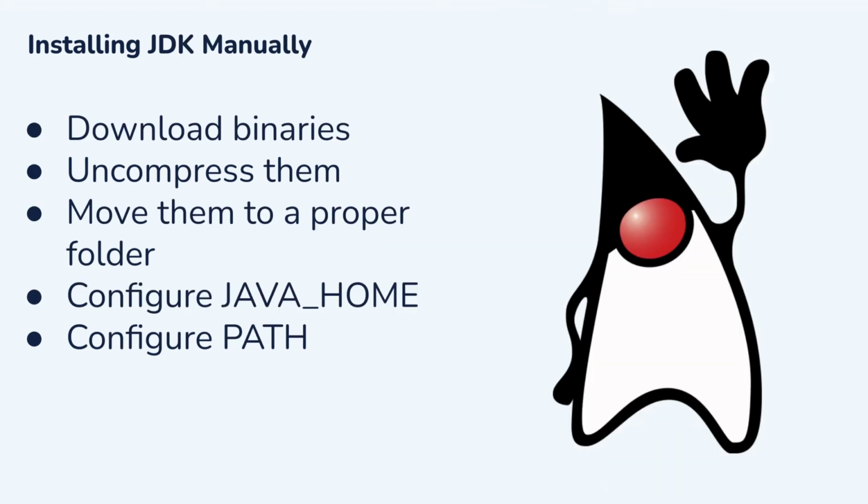So what we have installed today has been JDKs, but there are two different ways to install them. The first one is installing them manually. This means you download the binaries directly, you uncompress them, you move them to a proper folder, and also you configure your Java home and path environment variables to point to such folder.